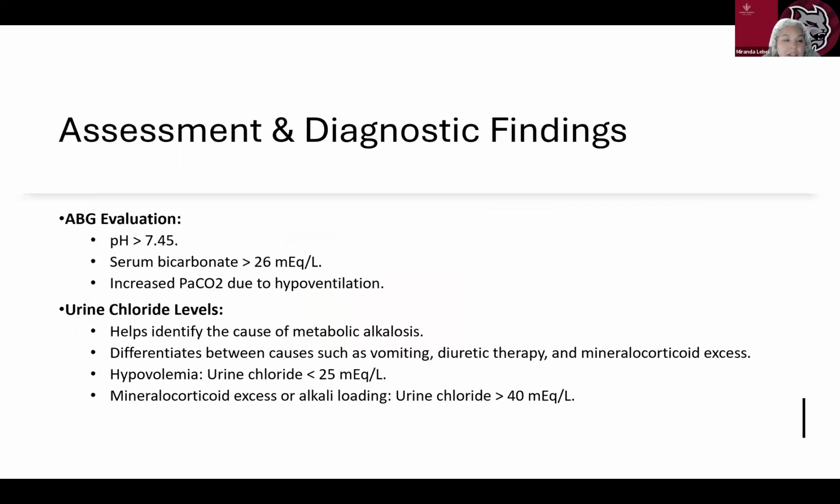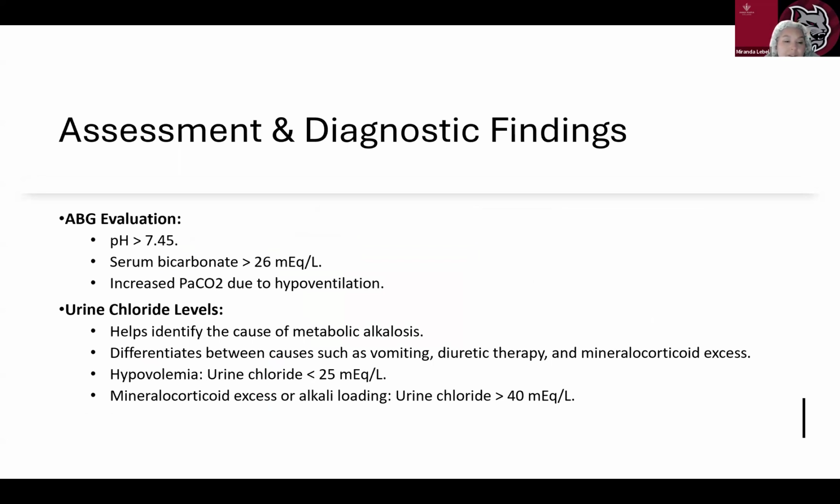So, assessment and diagnostic findings, we're going to have an ABG evaluation. So, pH is going to be greater than 7.45. The bicarb is going to be greater than 26, and increased PaCO2 due to hypoventilation. We're going to monitor urine chloride levels.